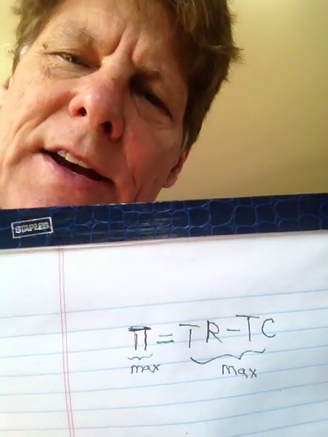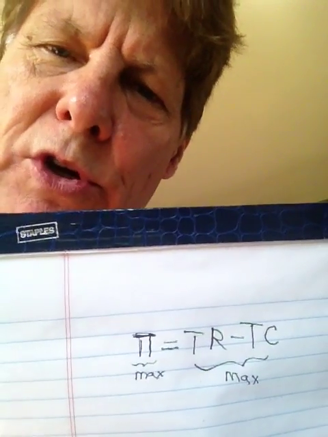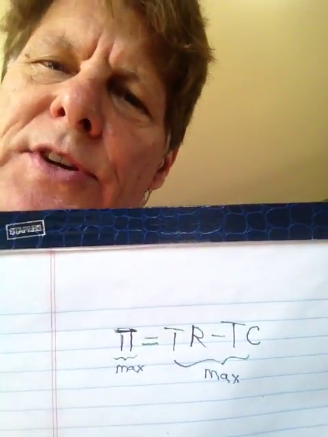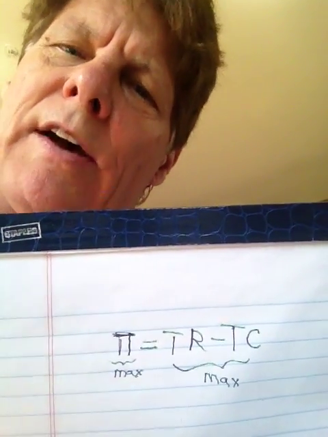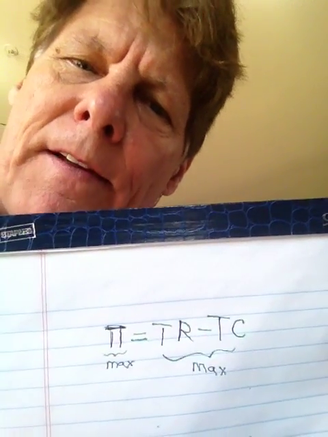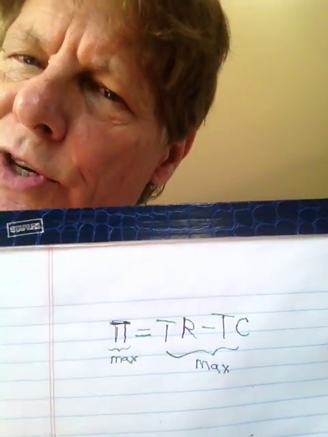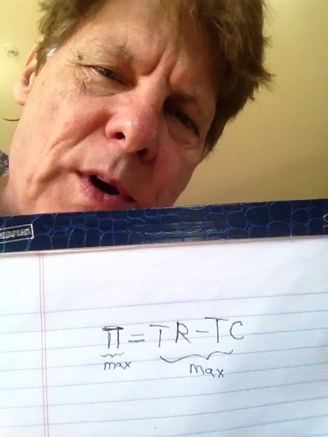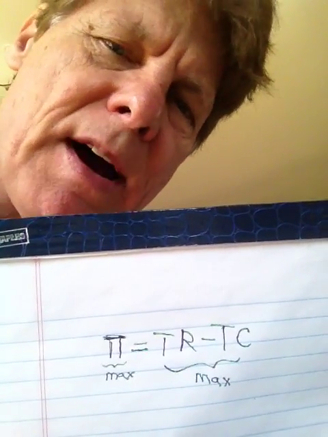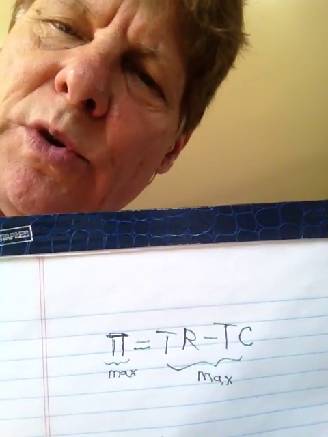How does it maximize that difference? To understand that concept, we have to understand the cost relationships and the revenue relationships. Once we understand both, we can understand how the firm maximizes the difference between total revenue and total cost.